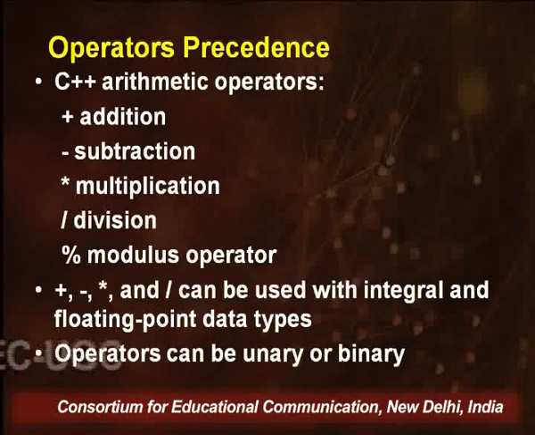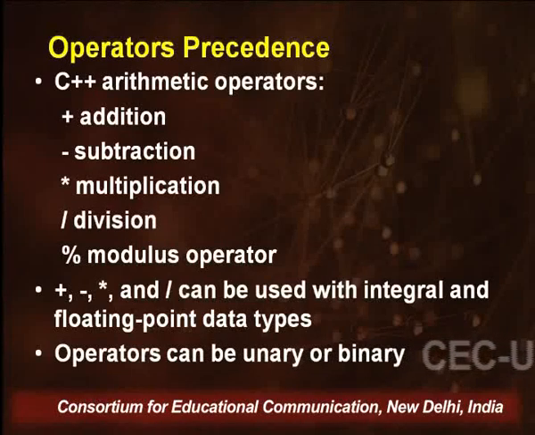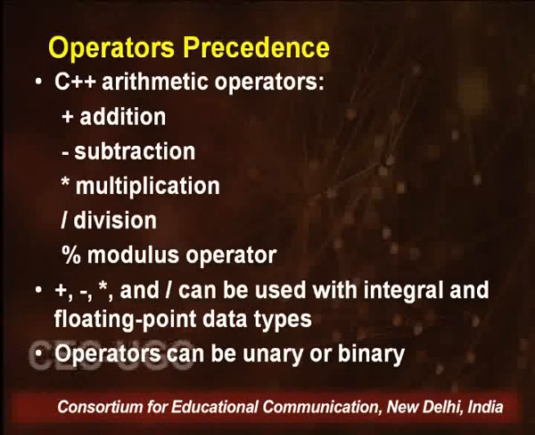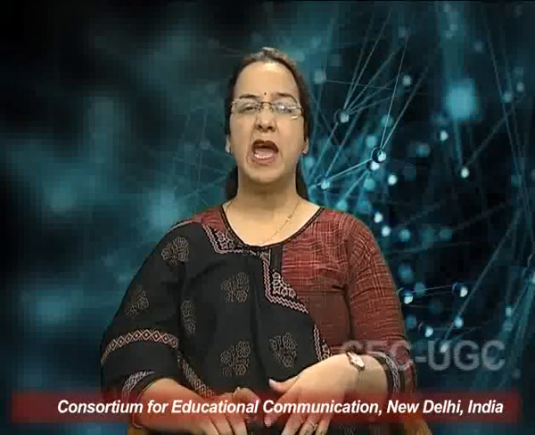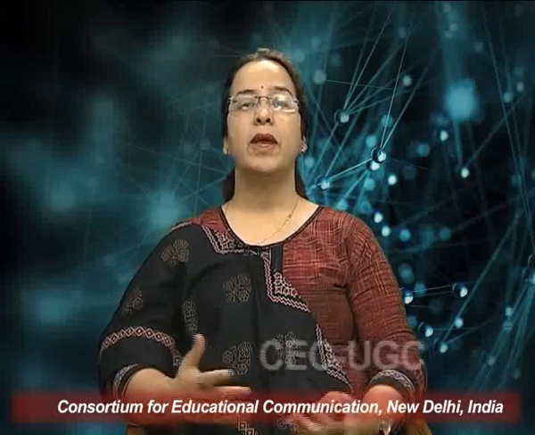These operators can be unary, binary, or ternary. That means it depends on the number of operands. For example, if I am saying a plus b, this plus is having two operands, so it is a binary operator. Similarly, subtraction, a minus b, a multiplied by b, and so on.